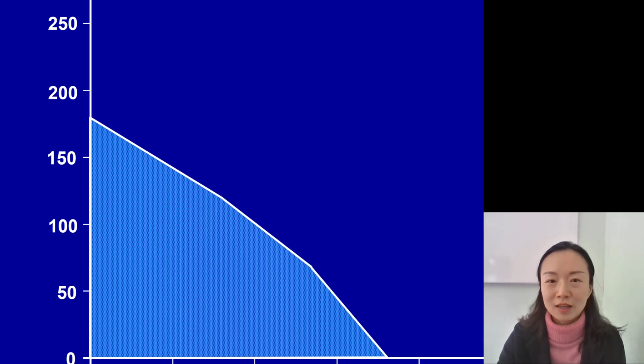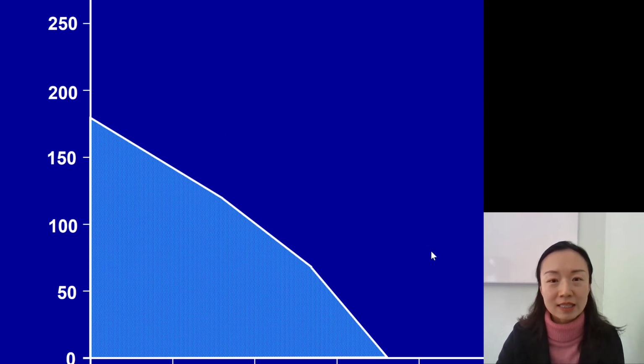So now let's look at how we identify that point in this feasible region that gives us the maximized value. Let's assume that our objective function is z. We're going to maximize this z that equals 350x1 plus 300x2. Let's find out where this z is on this coordinate system.